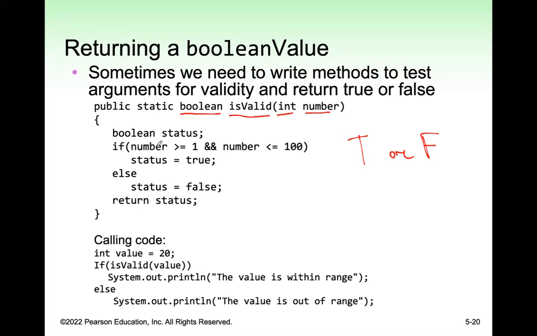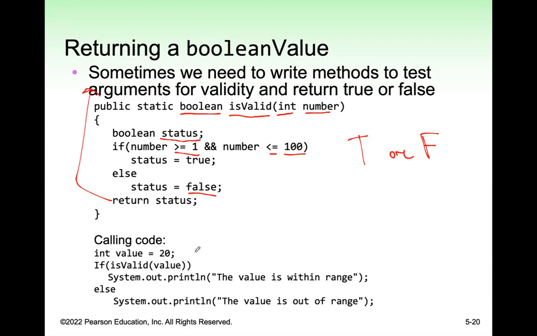Now, in this case, we have a variable status that is of type Boolean, so it can either store true or false. And if our number is greater than or equal to 1 and less than or equal to 100, then we're going to return true. So we're checking if our number is within that range of 1 to 100. If it's not, it's going to return false, and we're going to return false back to our main method.